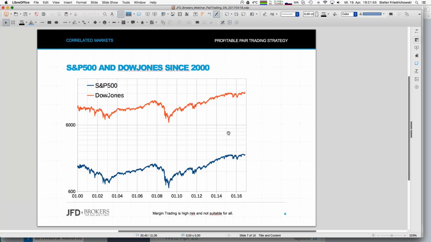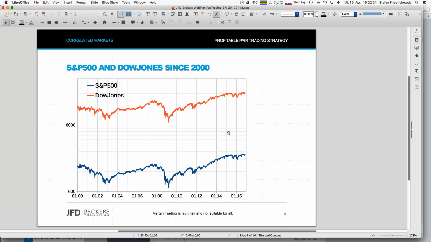Therefore, it's in principle possible that the Dow Jones might increase for a longer time and the S&P 500 might decrease for a longer time, simply because the overall market is going south. But the Dow Jones can, let's say, survive because of a few stocks of those 30 stocks which build that index.